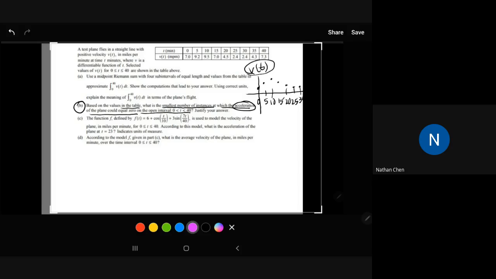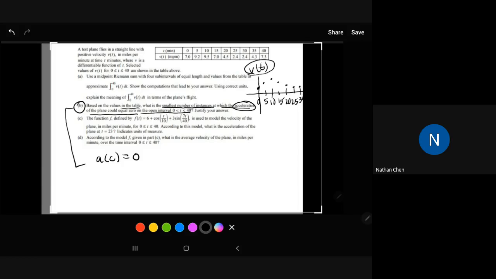Okay, so when I'm looking at this problem, I want the acceleration to be 0 somewhere in between here. Now, the slope, so I'm thinking Rolle's, which is slope between the endpoints. So mean value theorem. So over here, I'm thinking, okay, they want my acceleration at some point C to be 0.